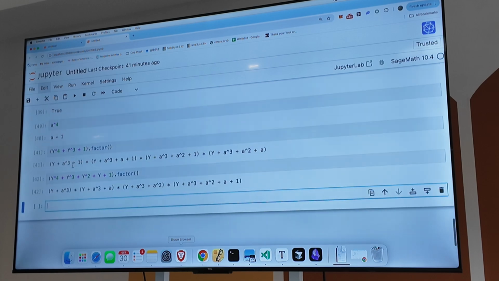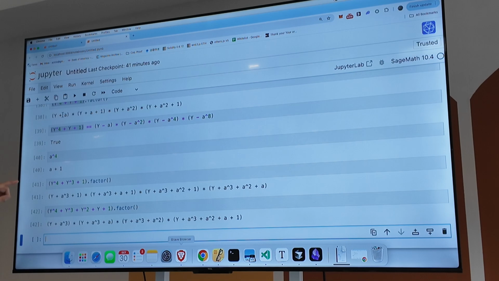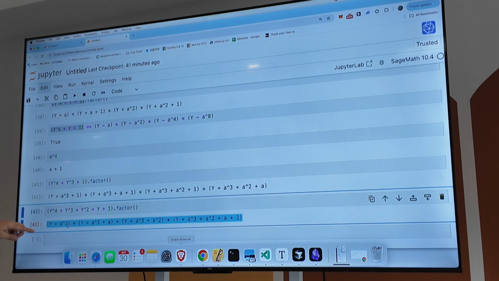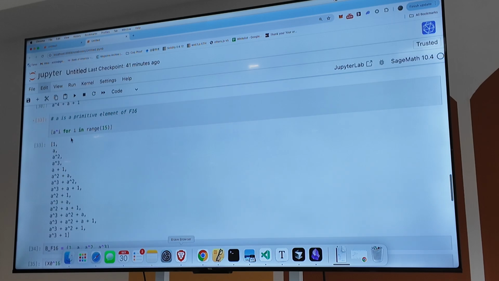We'll see that these 4 roots and these 4 roots and these 4 roots are disjoint, with no overlap. And for each element in F16, there is a unique irreducible polynomial, called in mathematical jargon the minimal polynomial.